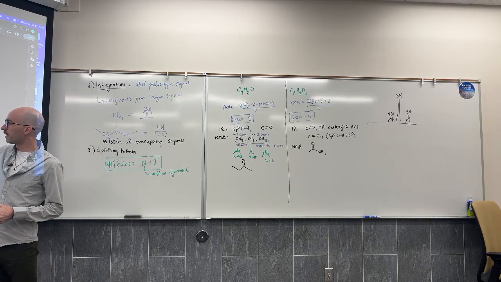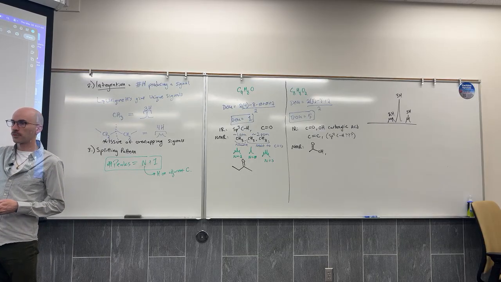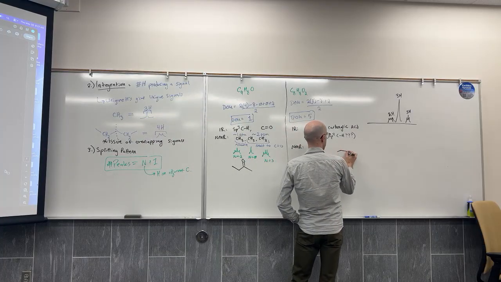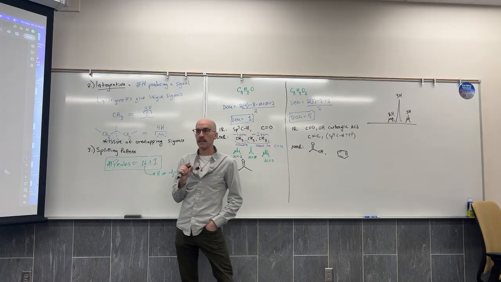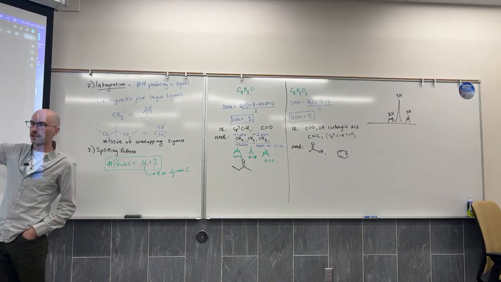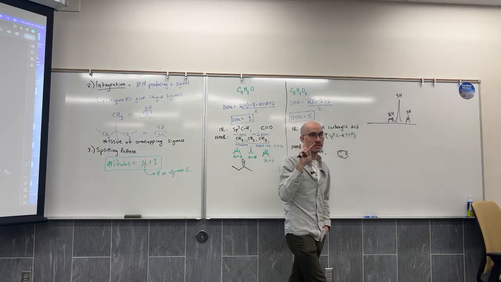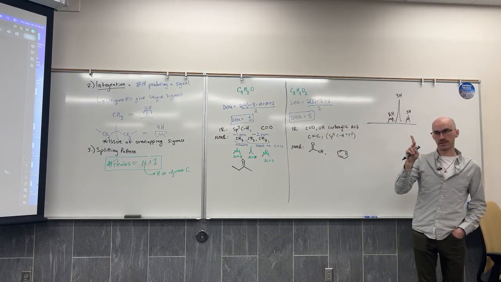NMR also told us that we had an aromatic ring. And that aromatic ring is not a complete aromatic ring. Because of its integration being 4H, we know that this aromatic ring is missing 2 of its hydrogens.